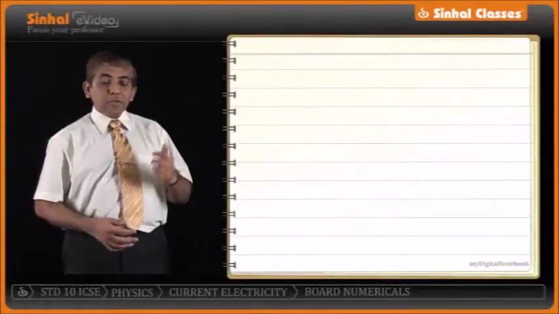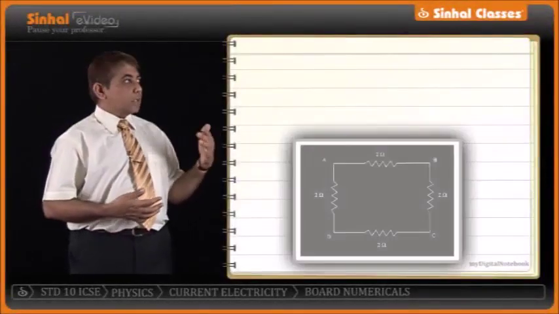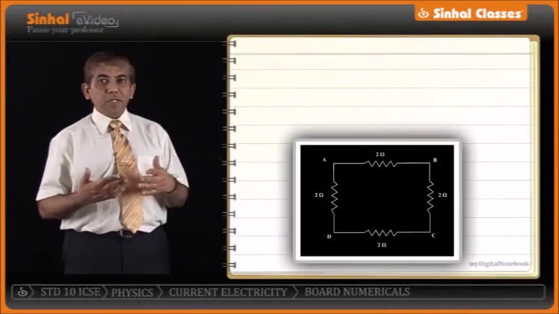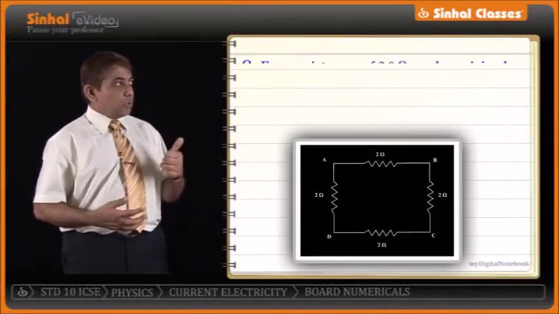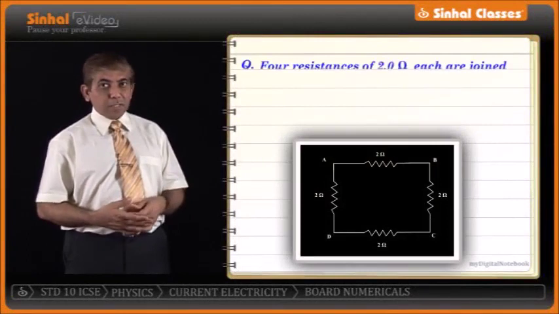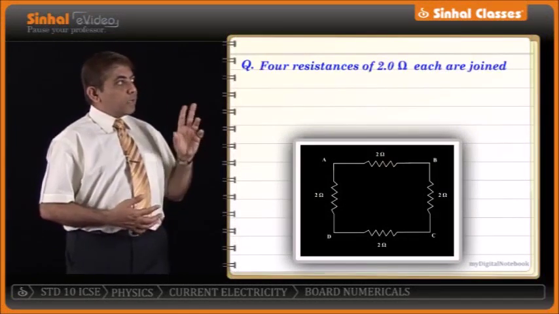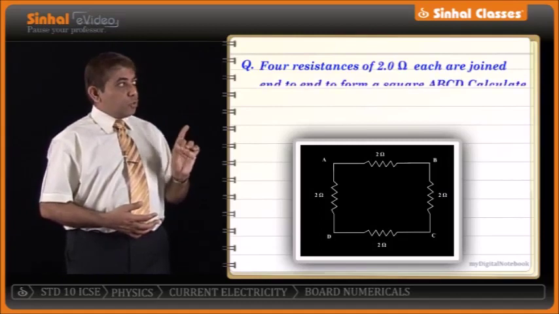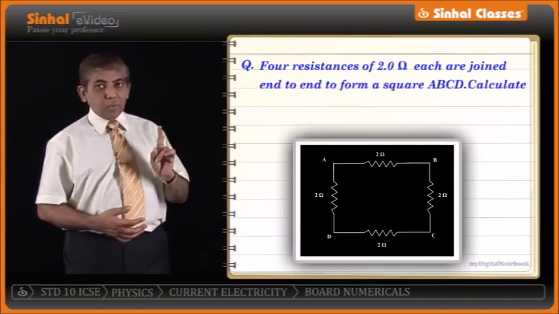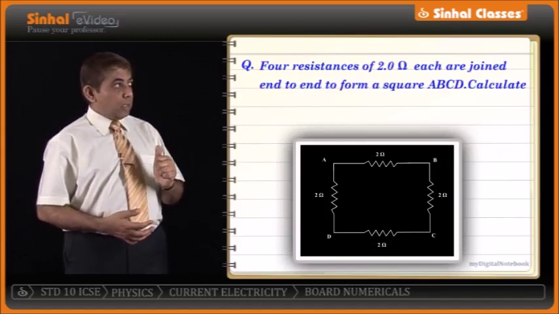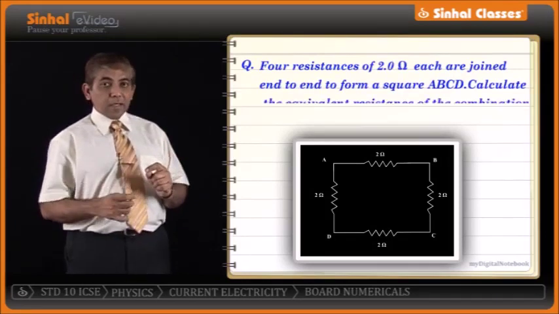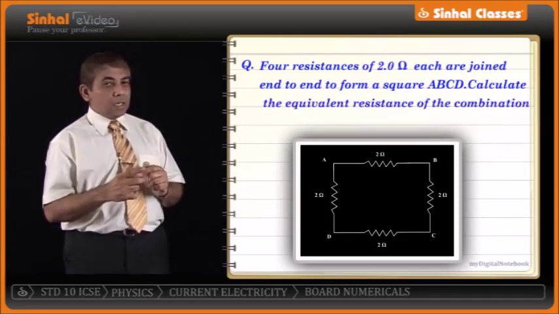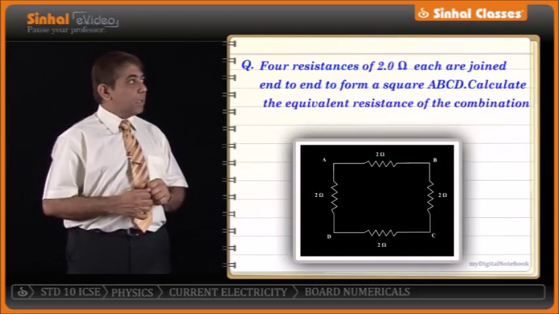Now this appeared again in 2005. We have studied these numericals that have been coming in 2003, 2004, 2005. This also appeared in 2005 for about 2 marks. It says 4 resistors of 2 ohm each are joined end to end so that they form a square ABCD.